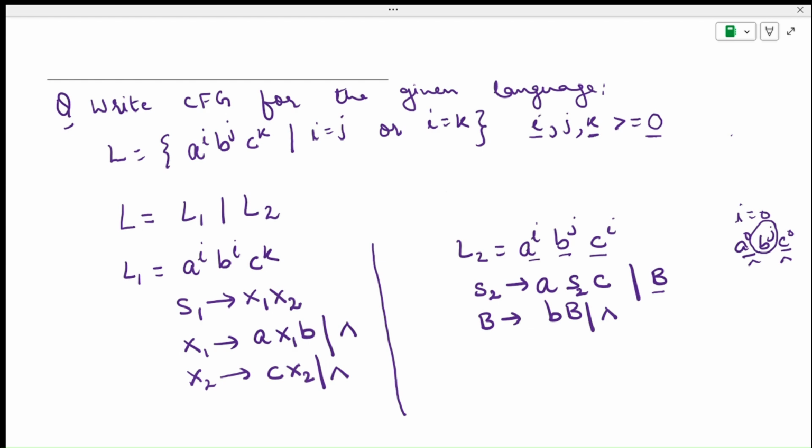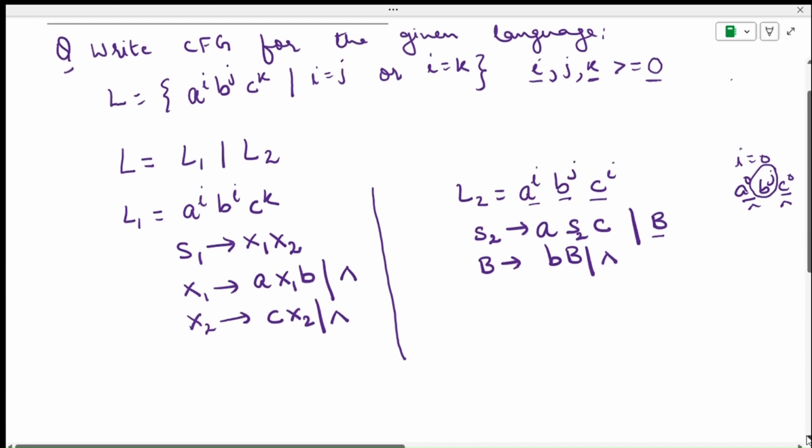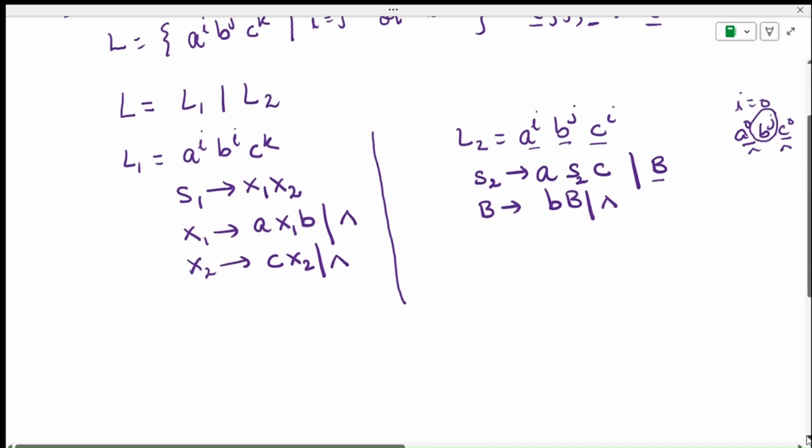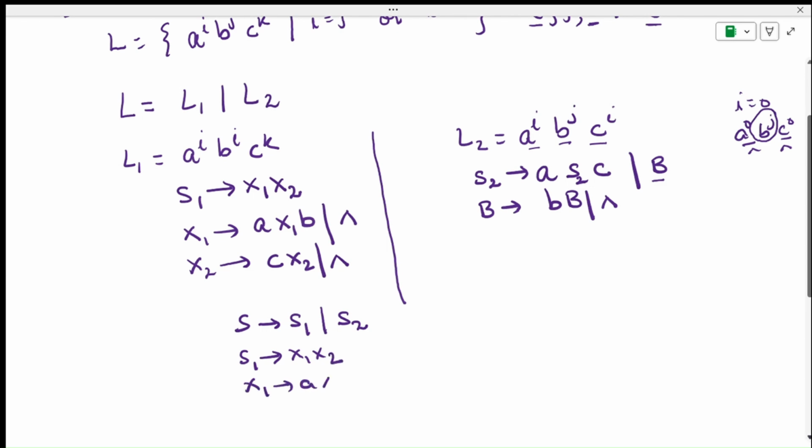Finally, eventually I have to write this grammar for language L. So we'll combine these two languages, and the grammars of L1 and L2 will be combined into the final grammar, that is S. S is nothing else but the start symbol of language 1 or the start symbol of language 2, and then we all know what is S1. S1 is X1 X2. What is X1? X1 is a X1 b, or null.